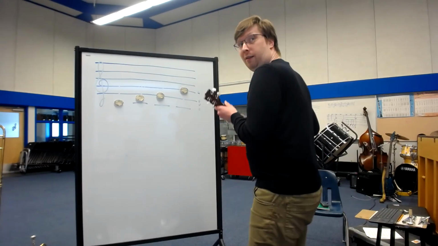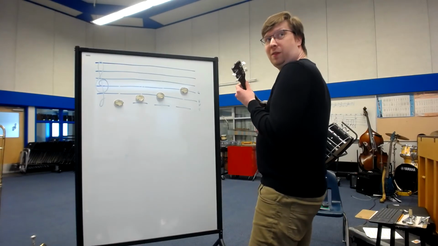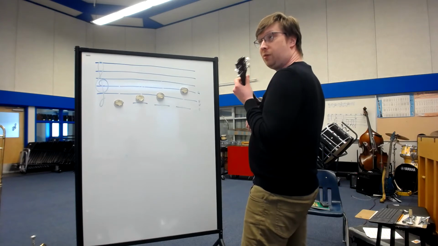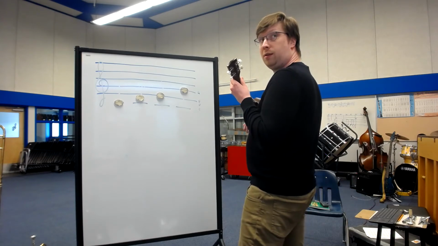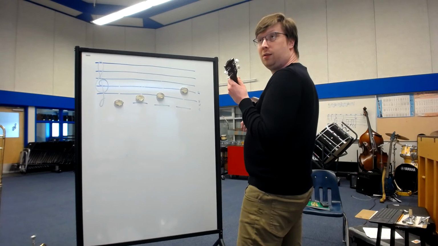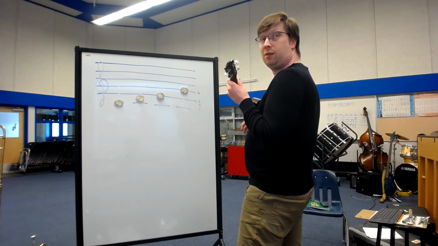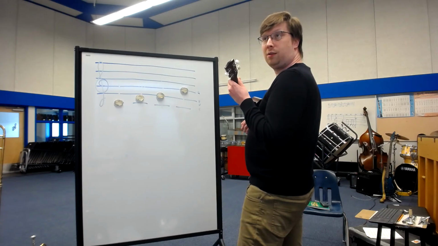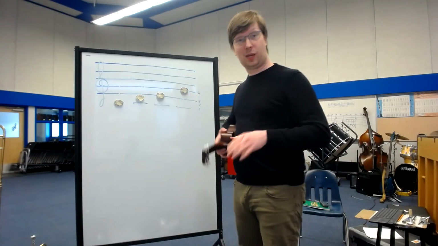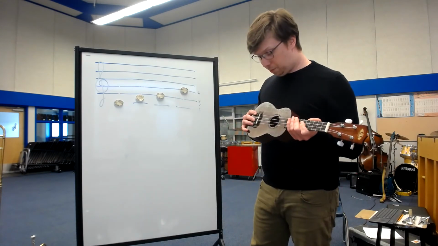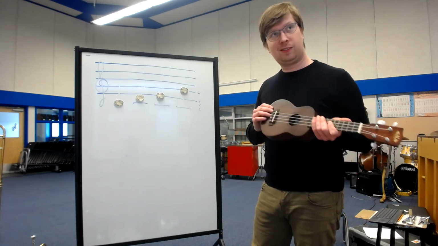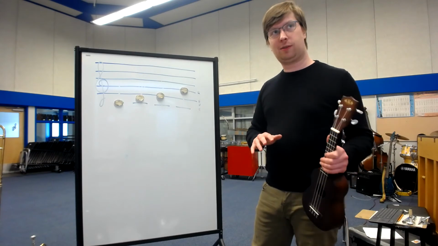I'm going to turn around so you can't see my fingers, but you can do it using only those notes. Okay, you only need C, D, E, and G to play that, right? So, pause the video, see if you can figure it out.